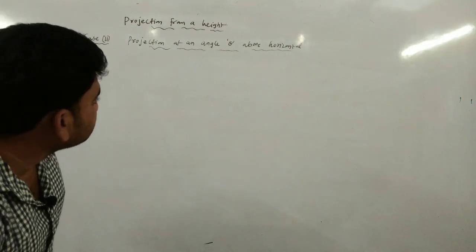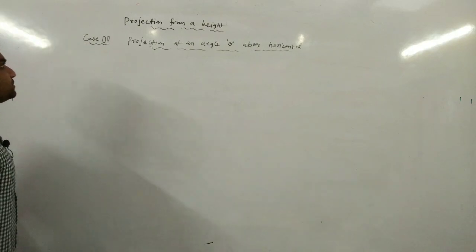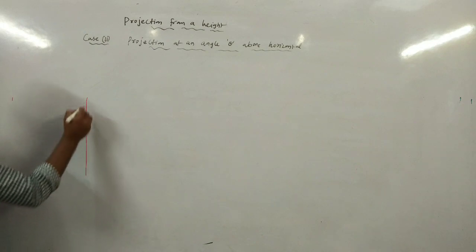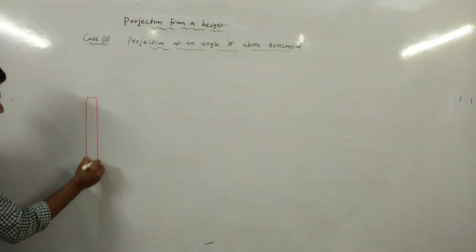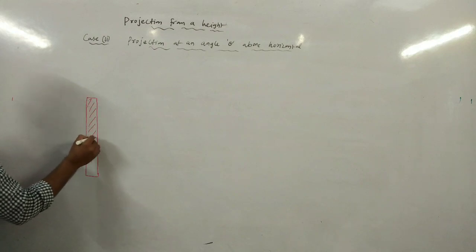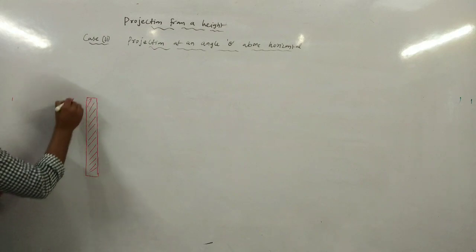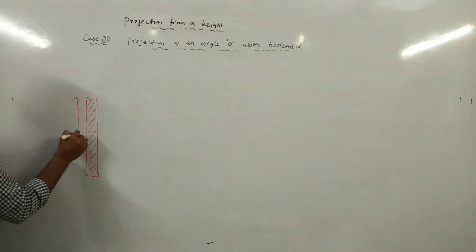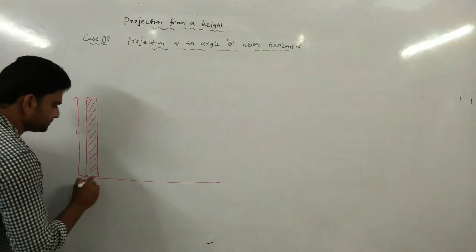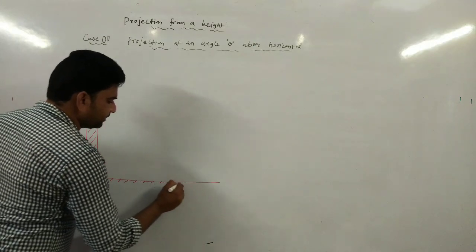So to discuss the second case, let me assume one tower here or a building. So this is initially having a height h. Say this is my height h and this is my earth surface I am considering, right?